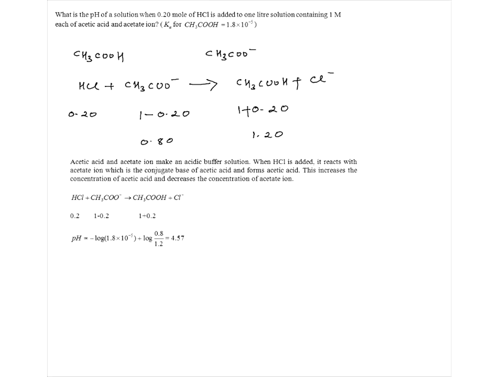So there you are. The Ka value for acetic acid is 1.8 into 10 to the power minus 5. So minus log of that, then plus log of salt or anion, that is this 0.8 divided by acid, which is this 1.2, gives 4.57.